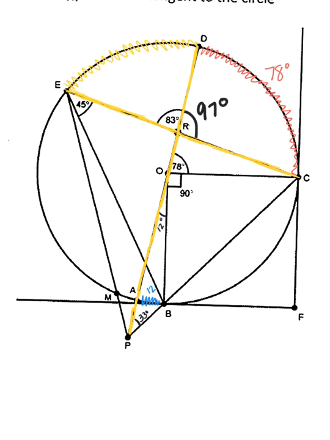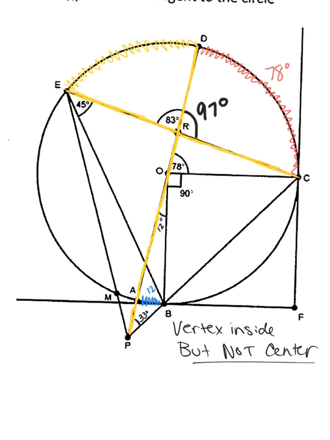So again, I'm working with the idea where the vertex is inside the circle, but not on the center. So this is the idea where the angle is going to equal the big arc plus the little arc divided by 2. Remember here that I'm solving for this arc, which I think in this case will be the little arc. I'm going to call that X. I have the angle, and I need to know what the big arc is.